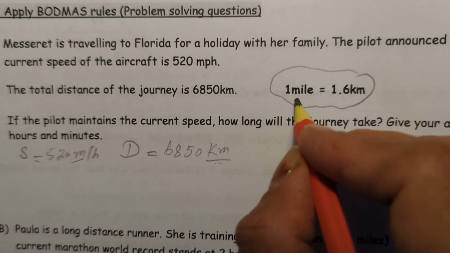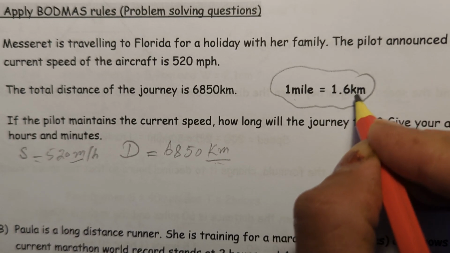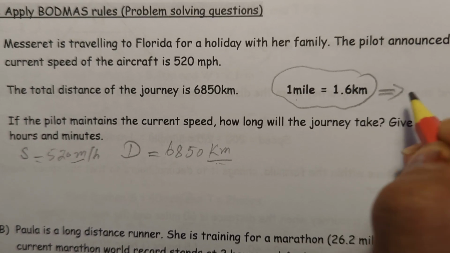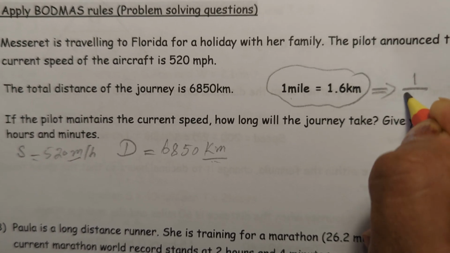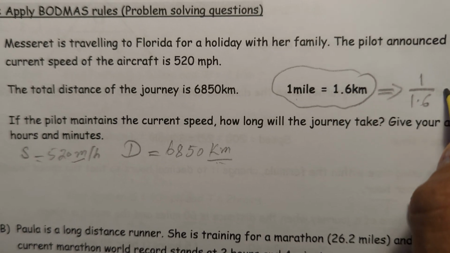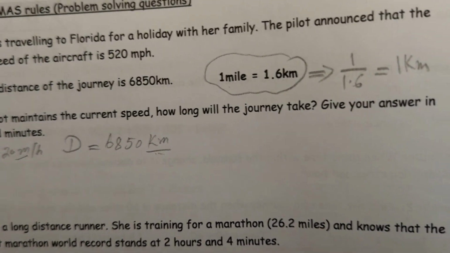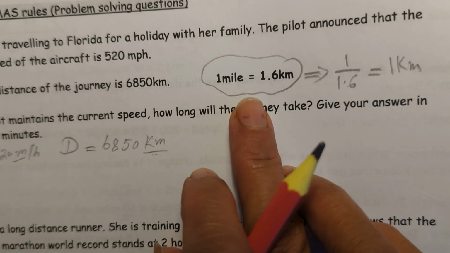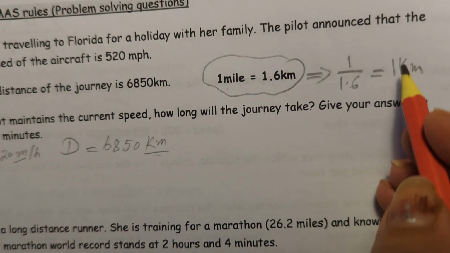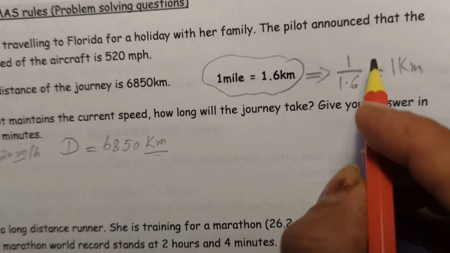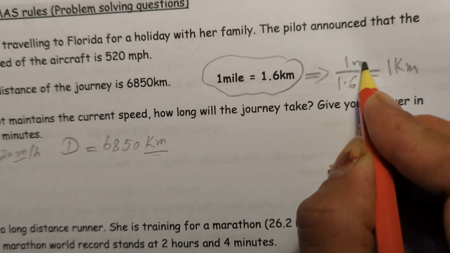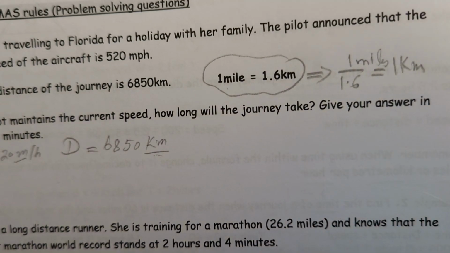If 1 mile is equal to 1.6 kilometers, then 1 kilometer is equal to 1 divided by 1.6 miles.